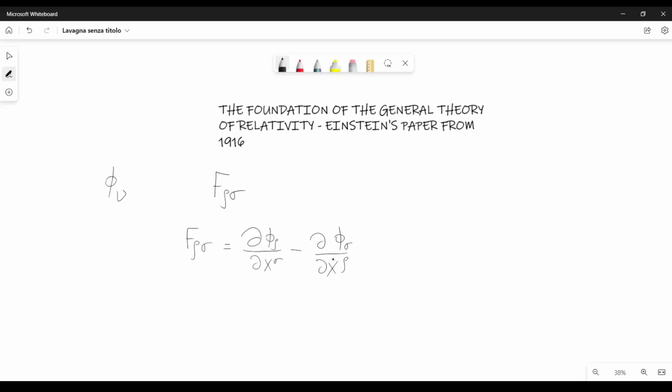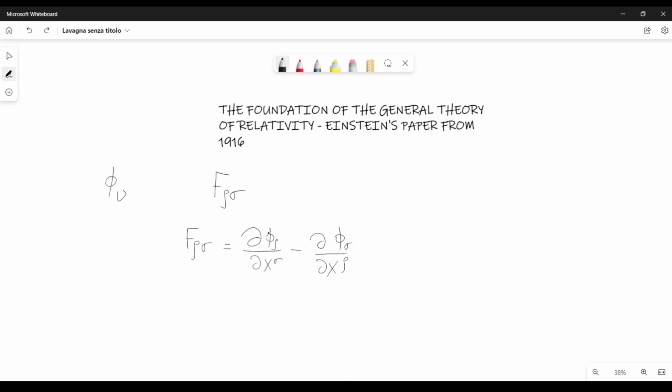Now, in another course, or in general, the usual notation for phi rho or phi sigma is with the letter A instead of phi. That's the 4 vector of the potential. That's how it's usually written. It's written as A rho, A sigma, A mu, whatever you want for the index, but the letter used is the letter A, not phi. In this case, Einstein uses the letter phi.